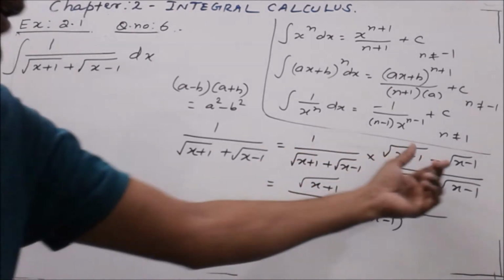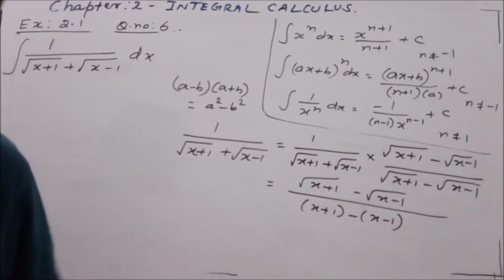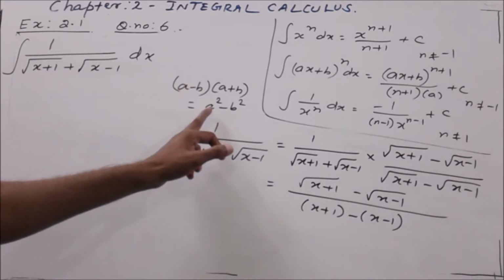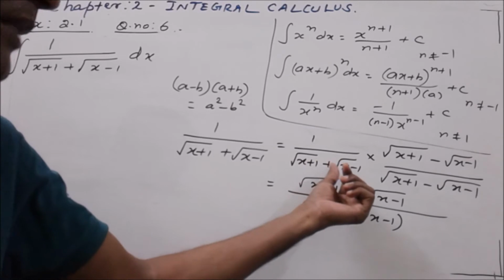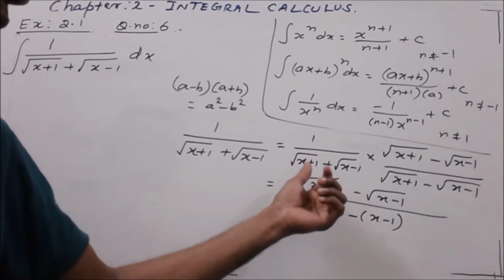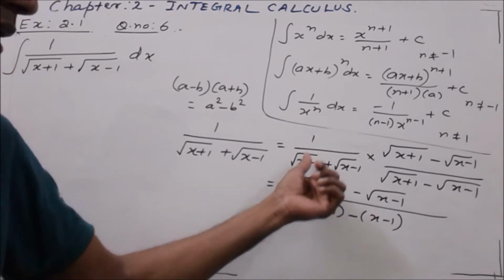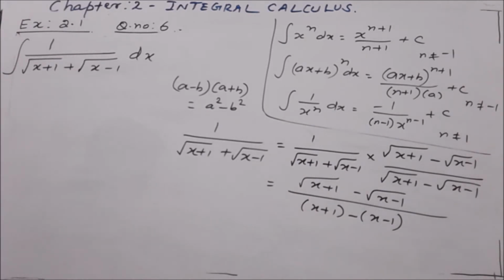Just multiplying by 1 we will get the same values here. In the denominator we have a plus b into a minus b, a square minus b square is the product. Multiplying, the square roots will get cancelled, and minus in between the functions will appear.